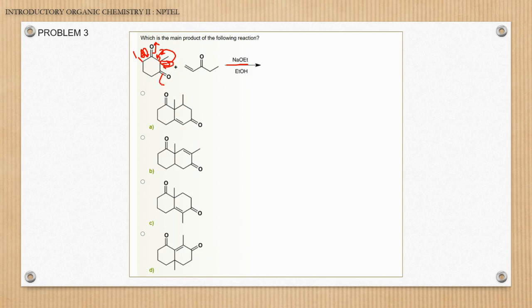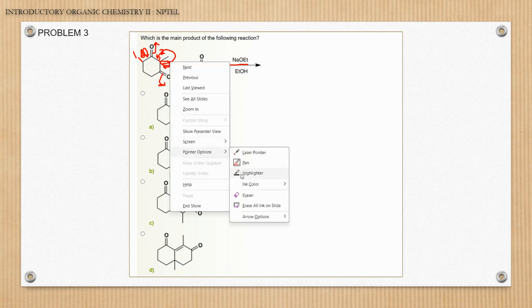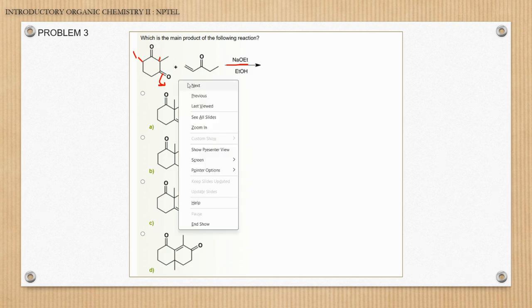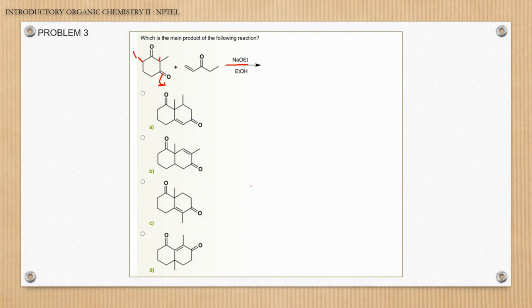So this carbanion that is generating is highly stabilized, rather than 1, the 2 is highly stabilized. So that is why this carbanion is getting generated.